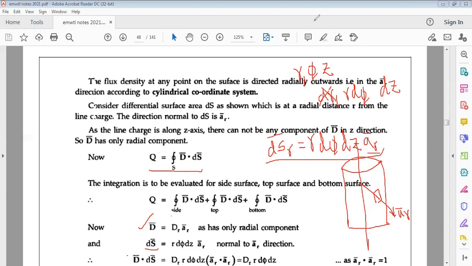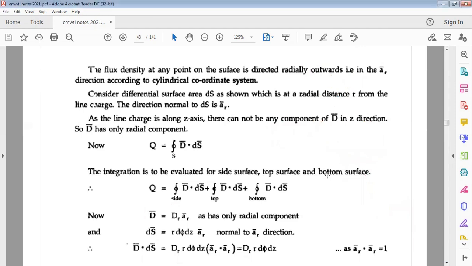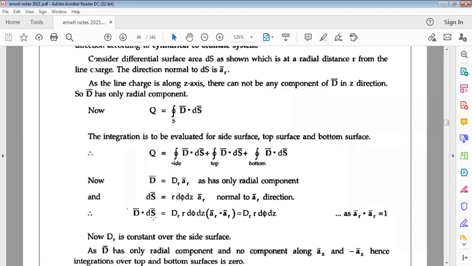Using the dot product, D bar dot ds bar is equal to D r, r, d phi, dz, AR bar dot AR bar, and AR bar dot AR bar is equal to 1.